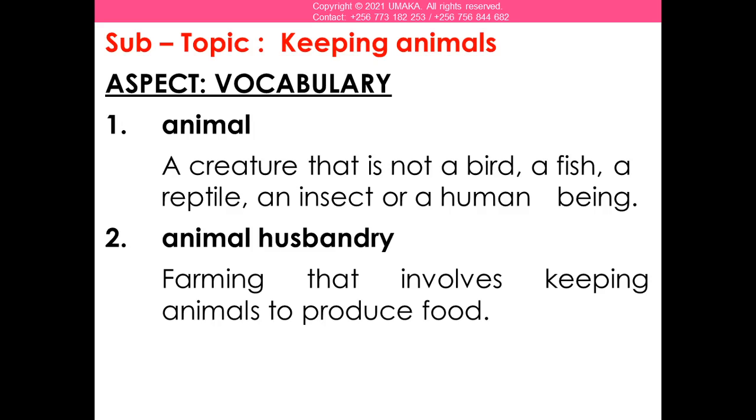What is farming? Growing of crops and rearing of animals. So when you rear animals, you keep animals for maybe food and maybe to get money. That is animal husbandry: farming that involves keeping animals for food.